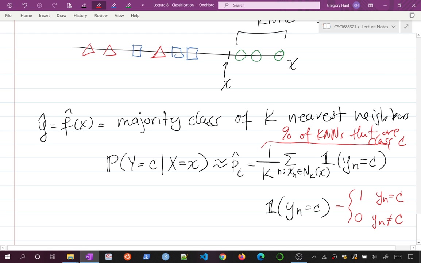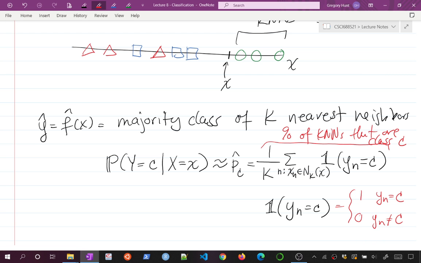I could have written that straight up, but here's a mathy way to write it. You see this indicator function again; it's basically that 0-1 loss coming back. What we're doing here is approximating the probability y is equal to c given x as just the percentage of my k nearest neighbors that are class c. So we're making a local assumption.